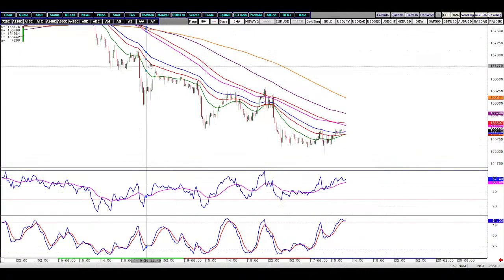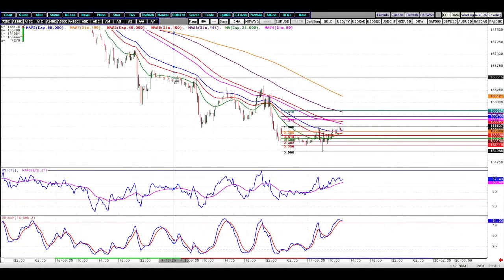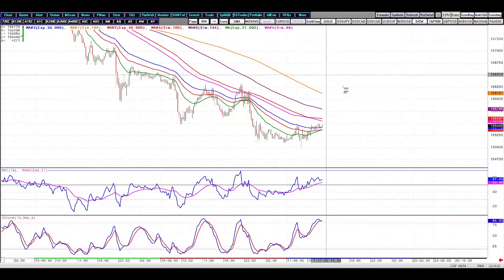So usually when we put our moving averages, these are our moving averages. Let me change this, give me a minute.